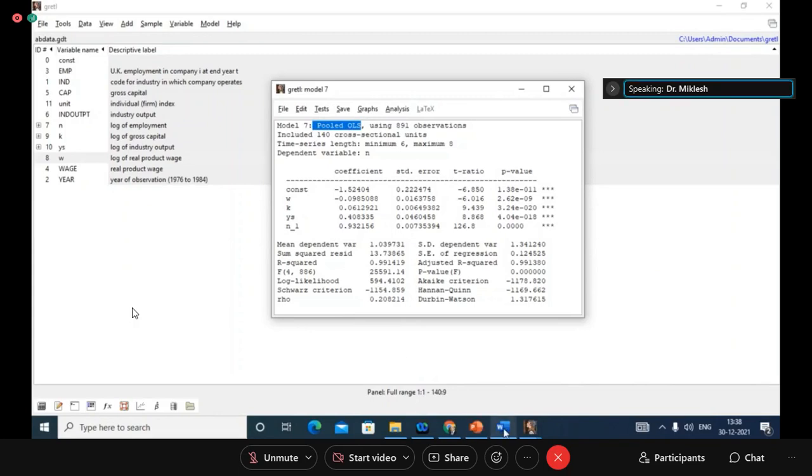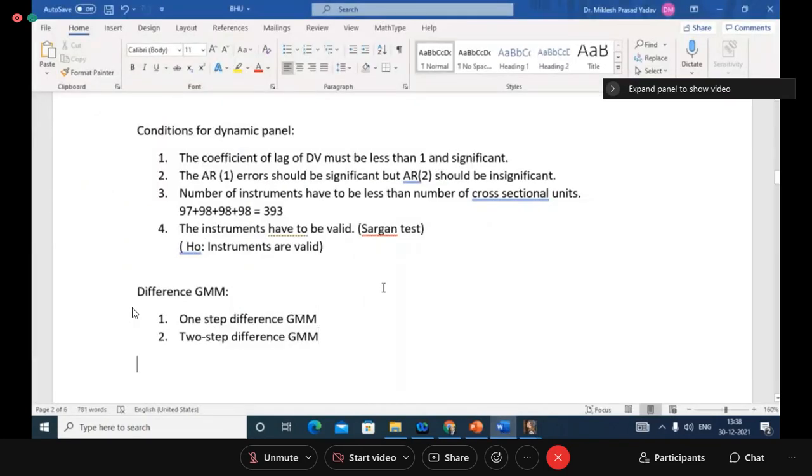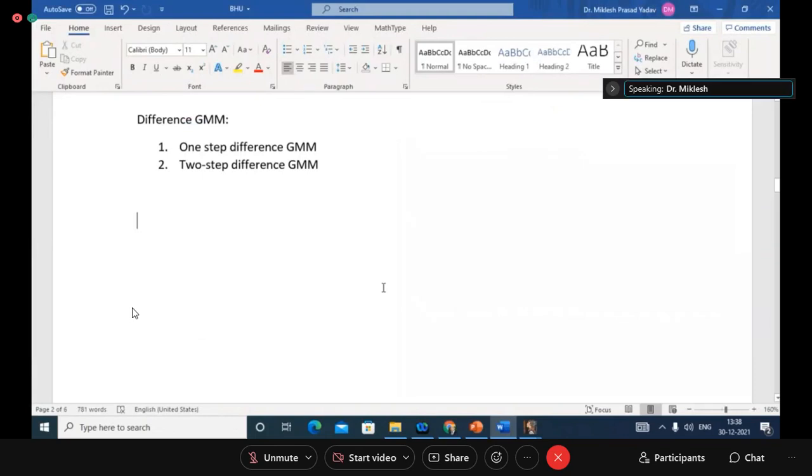Save somewhere the coefficient under various methods of lag DV, pooled.